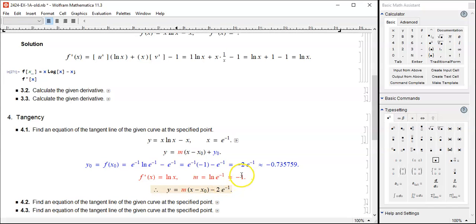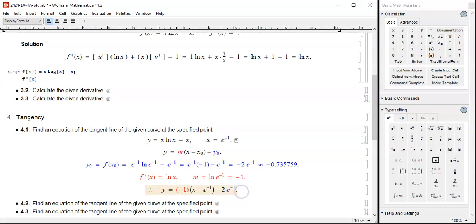That's y0, and then that's m. And that completes the problem. Slope-point equation. Whoa, excuse me, one more thing. x0 is given as e to the negative first power, so I have to plug this one in as well. Sometimes it happens. Okay, alright, sometimes fonts are broken up. So this is the answer that I prefer the most.